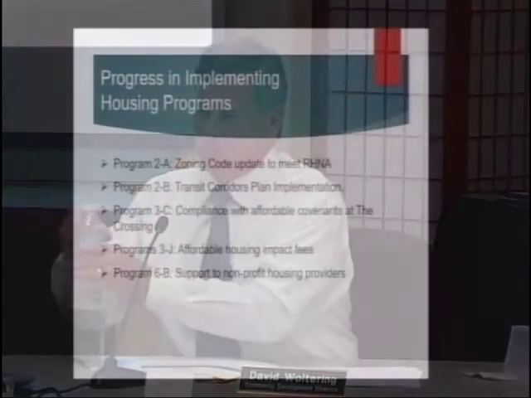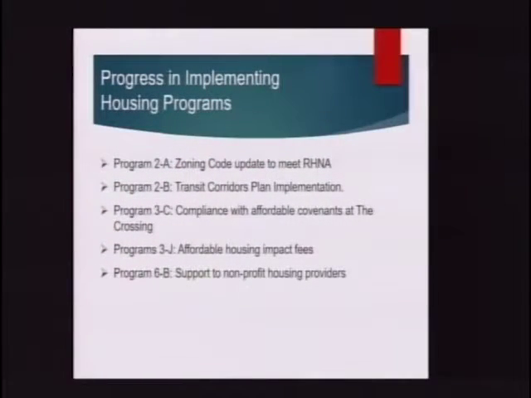So in terms of moving forward and trying to address those constraints and put in place an overall program that was certified by HCD, Housing and Community Development, what are some things that we're doing? For example, we're in the process of updating our zoning code.